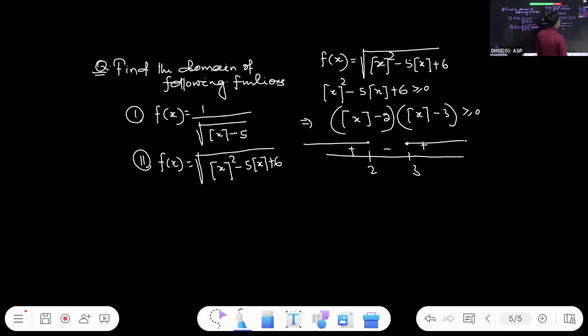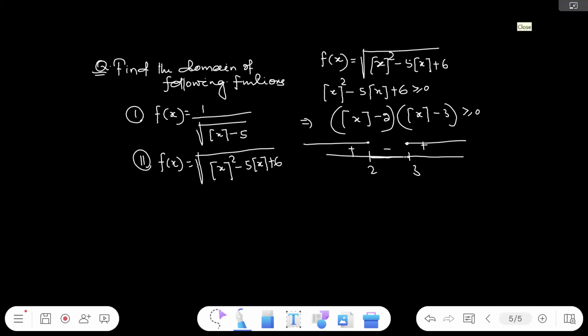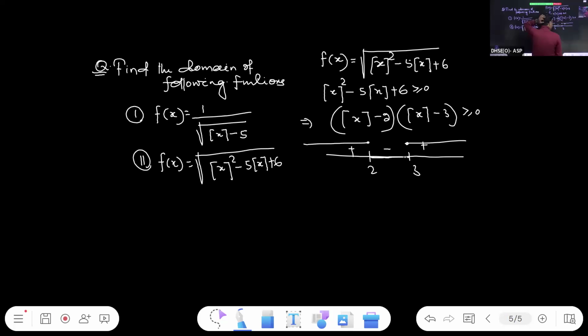Bracket x should not lie in the interval 2 to 3, because bracket x is an integer, so it can't lie in the interval 2 to 3. For any real number x, bracket x will be in minus infinity to 2 or 3 to infinity. Hence domain of the function is R. I hope it is clear to you.